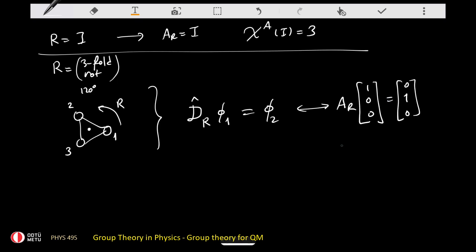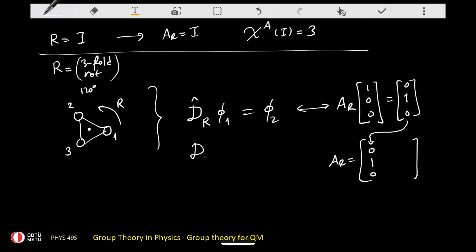So how can I read this? This basically says that in A(R), just keep in mind that this is the first standard basis vector. So A(R) applied on the first standard basis vector actually gives us the first column of that matrix. So the first column of this matrix is 0, 1, 0. By using this, we can actually find the first column.